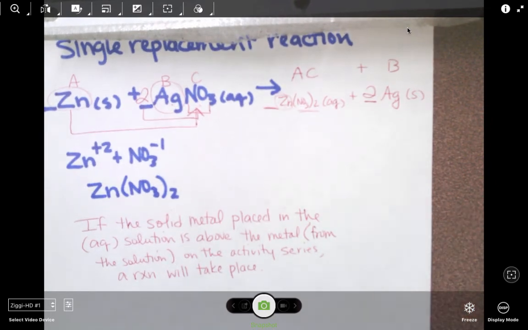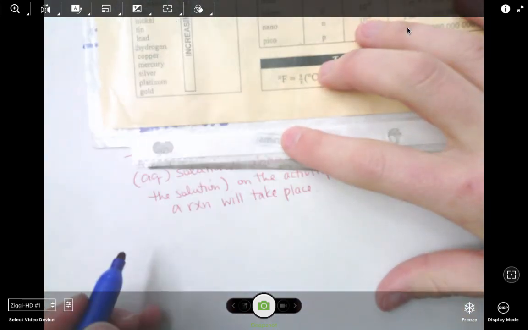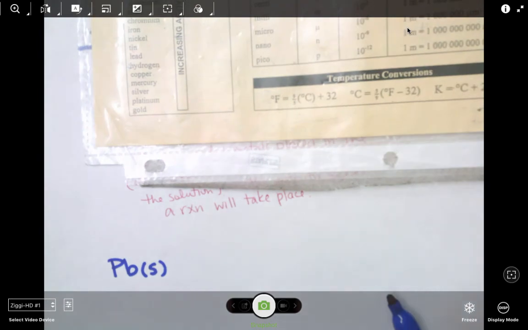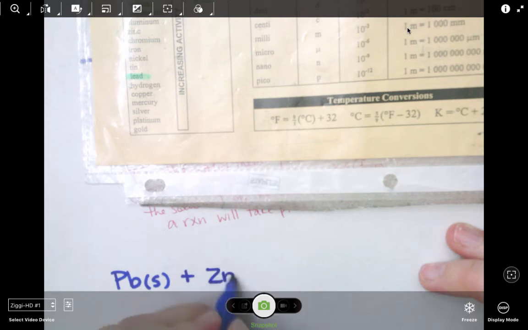So let me give you an example of when a reaction would not occur. All right. So say that I have a piece of lead, and lead is right here, and I put it in a solution of, let's use zinc carbonate.